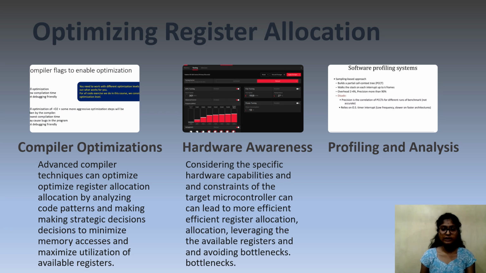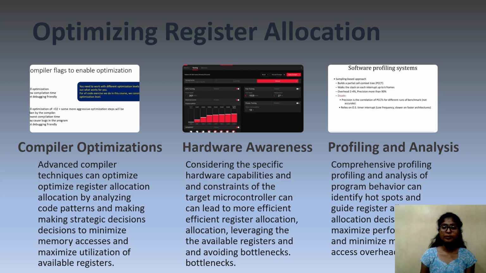Coming to hardware awareness, considering the specific hardware capabilities and constraints of the target microcontroller can lead to more efficient register allocation. Coming to profiling and analysis, comprehensive profiling and analysis of program behavior can identify hotspots, guide register allocation decisions and minimize memory allocation overhead.